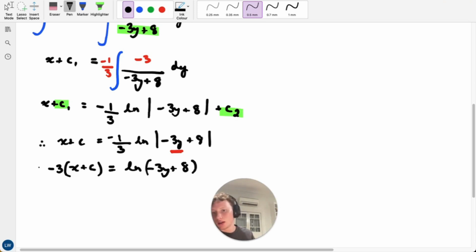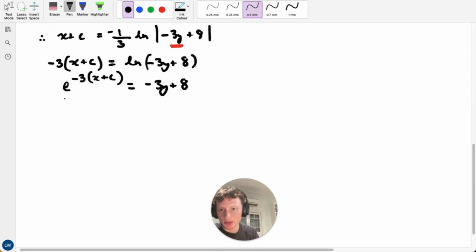Beautiful. Now we're at the stage where we need to convert it to an exponential. So I'm going to write that as e to the power of everything on the left equals everything that was inside the brackets. All right, and final steps rearranging here. I'm going to firstly write our y expression on this side, and I'm also going to subtract 8 from both sides.